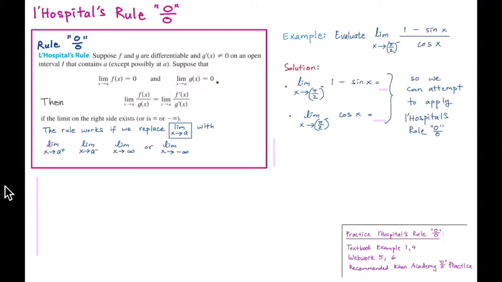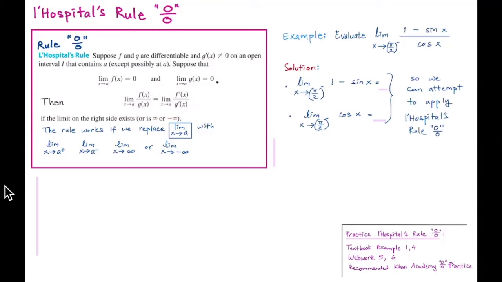And you also know that you can compute the limit of f prime over g prime. When these conditions hold, then we have this equality where the limit of f over g is the same as the limit of f prime over g prime.